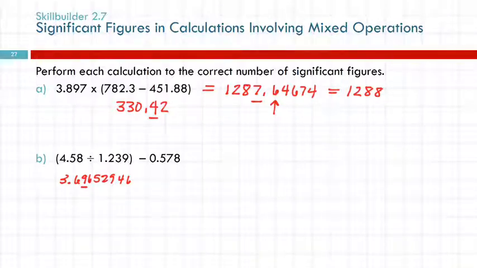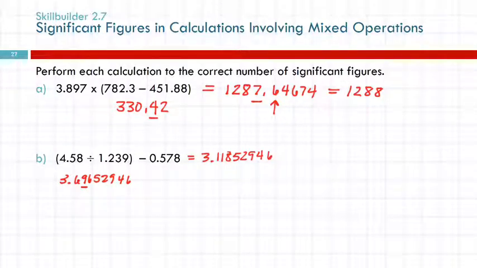It's in my calculator, and then I'm going to go ahead and subtract, so I don't have to type all that back in. I'm going to subtract 0.578 and write down the result, 3.11852946. My last operation here was taking this number and subtracting that number.